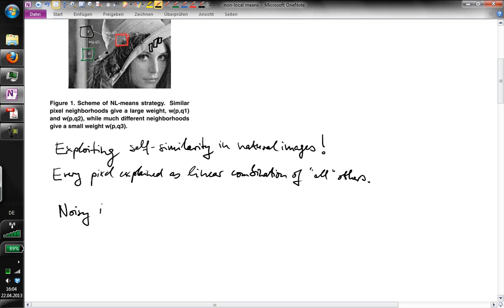So in the notation of the paper, we have a noisy image V, which is a collection of pixels. Capital I is the domain.